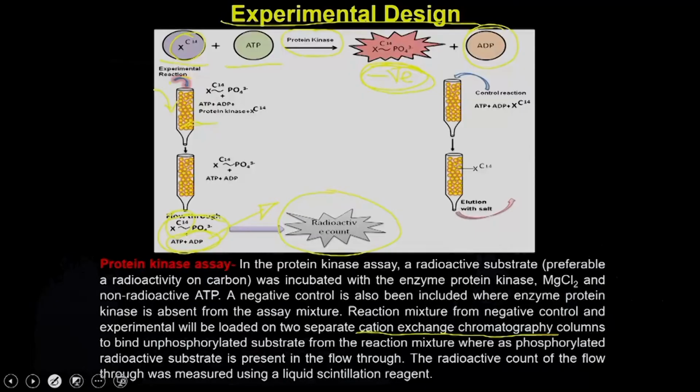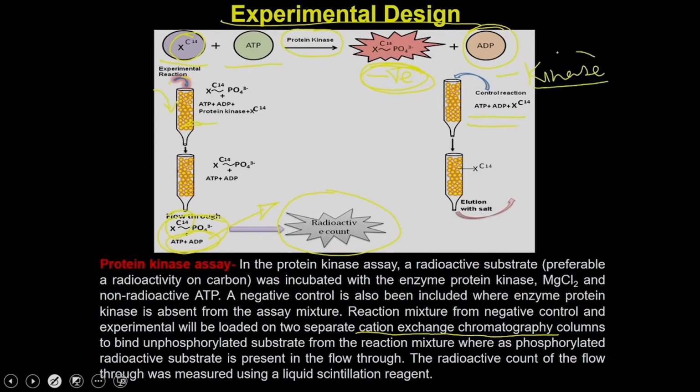As a control, you can do a reaction where you do everything but remove the kinase from the reaction. Whatever counts you get are the basal level counts, and these are subtracted from your experimental counts.